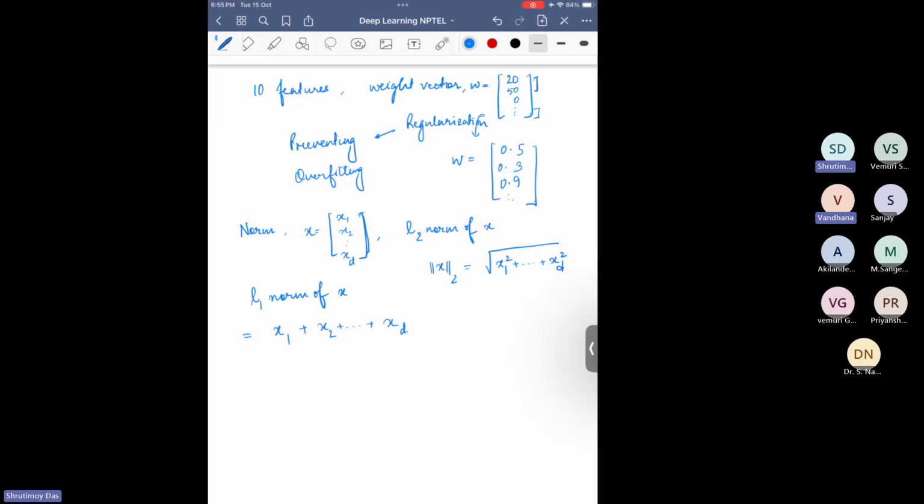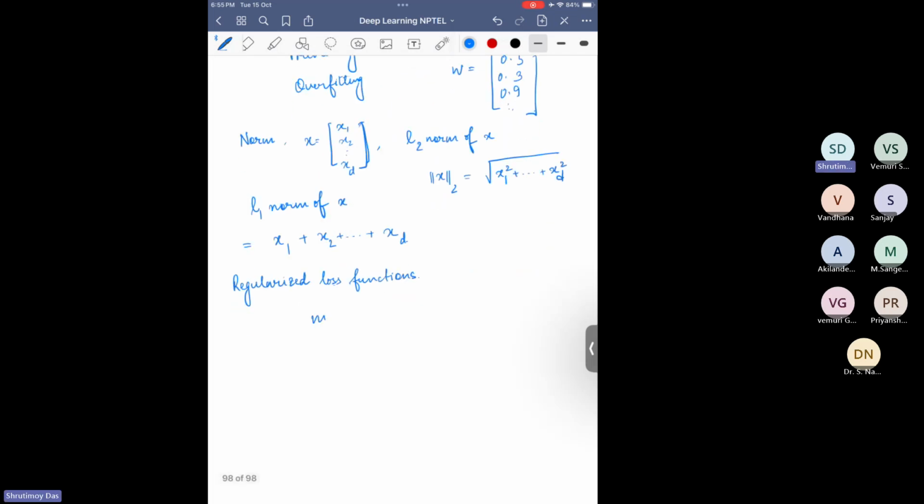So here, these norms are taken to regularize the weights. Norms are taken to regularize the weights, right? So if we look at regularized loss functions, whenever you use regularization you will see something like this: minimize over W, you have some loss function, which may be your mean squared error type of loss function, and then you add lambda times the L2 norm of W squared.